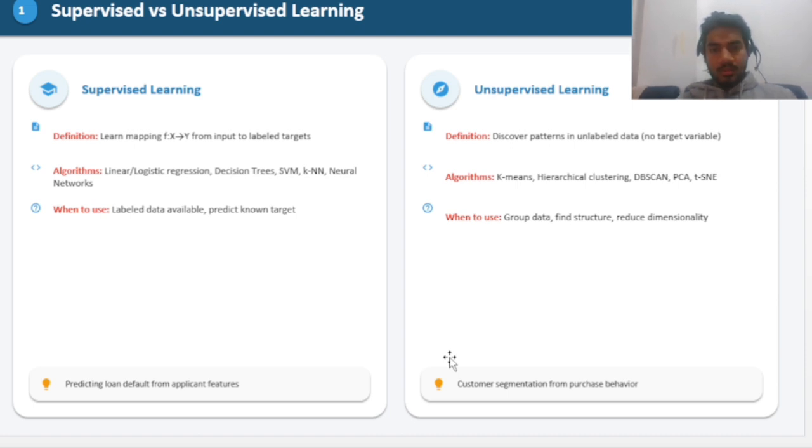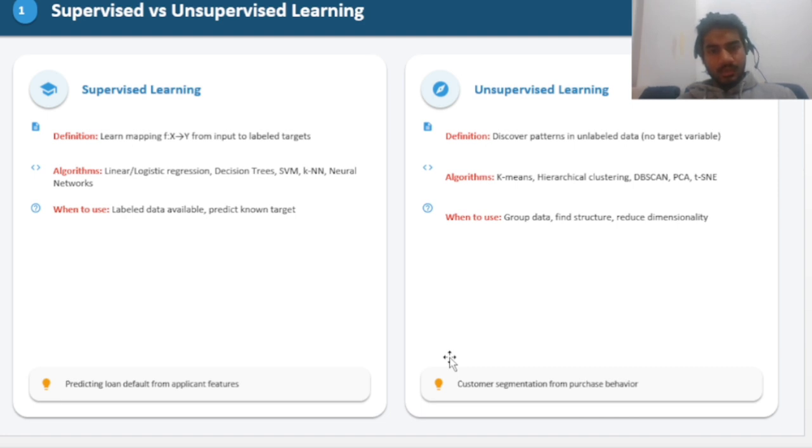Now let's look at unsupervised learning. In unsupervised learning, the data has no labels. These models try to discover hidden patterns or groupings. The examples of unsupervised learning are k-means, hierarchical clustering, PCA and t-SNE.